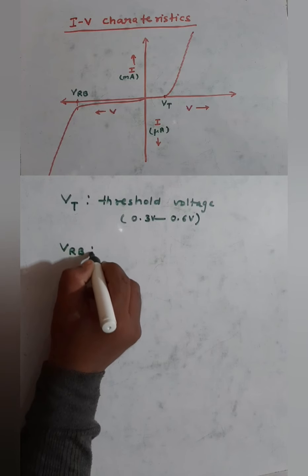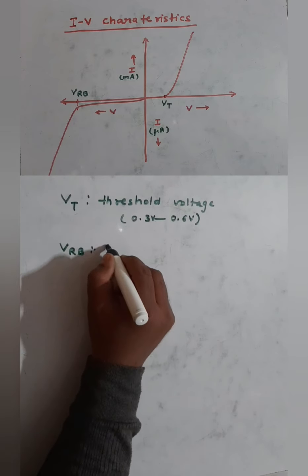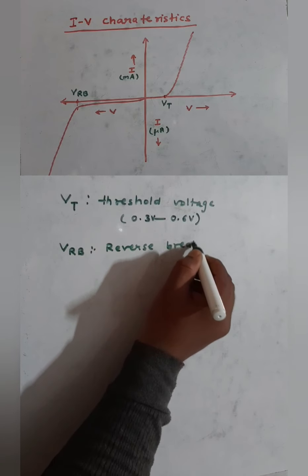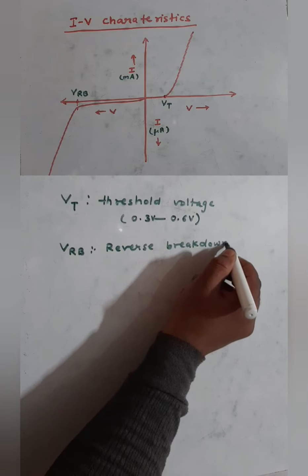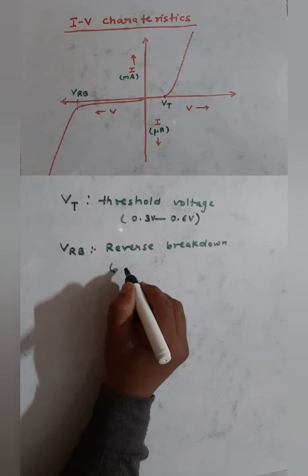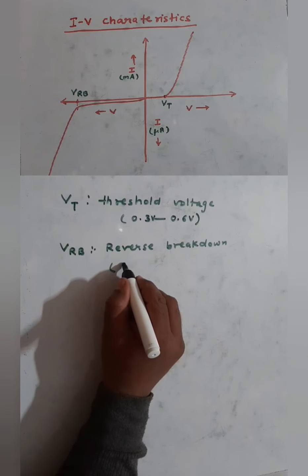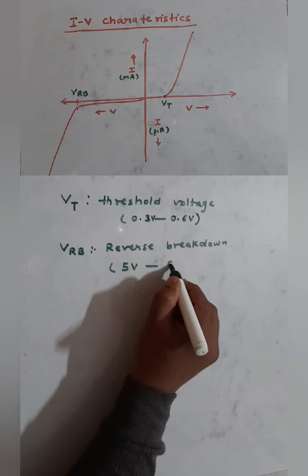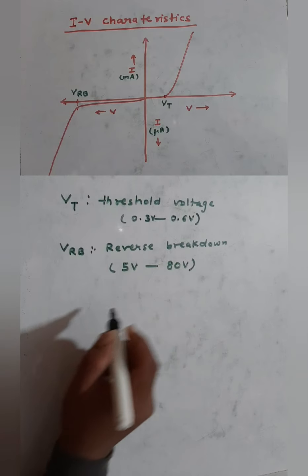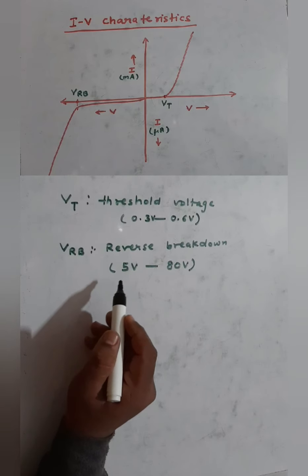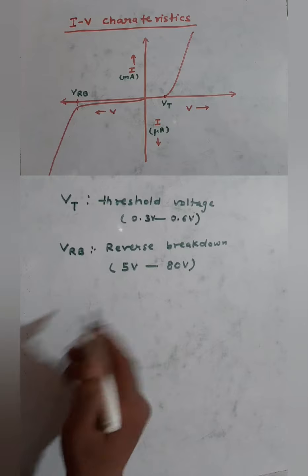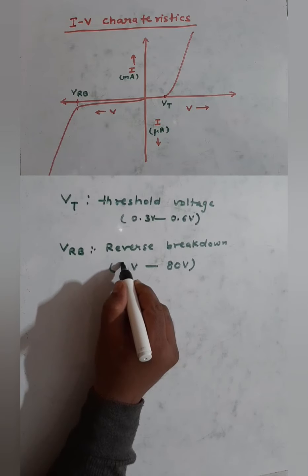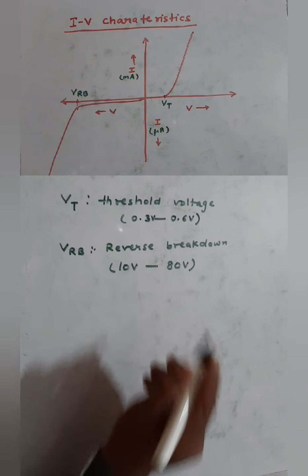VRB represents the reverse breakdown voltage, and it can vary from a few volts, like 5 volts, to 80 volts also, depending on the type of diode, like for LEDs or certain Zener diodes, or from 5 volt or 10 volt to 80 volt.